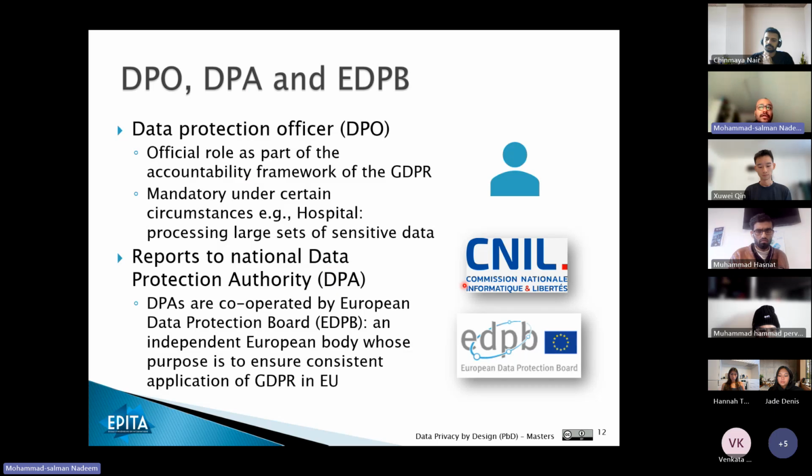For example, in France, the official data protection authority is CNIL.fr, the website where you can visit the resources by this DPA. And all of these DPAs from different European member states, because every European member state has its own data protection authority, work in conjunction with the European Data Protection Board to implement GDPR.